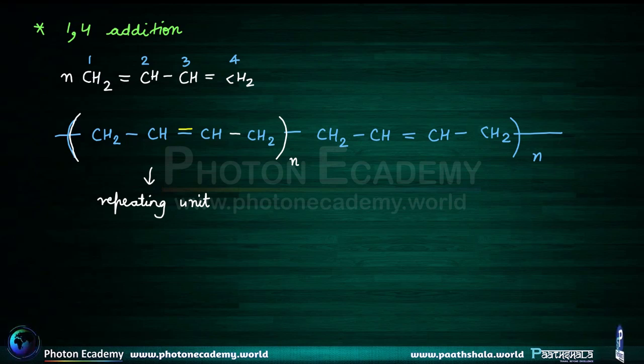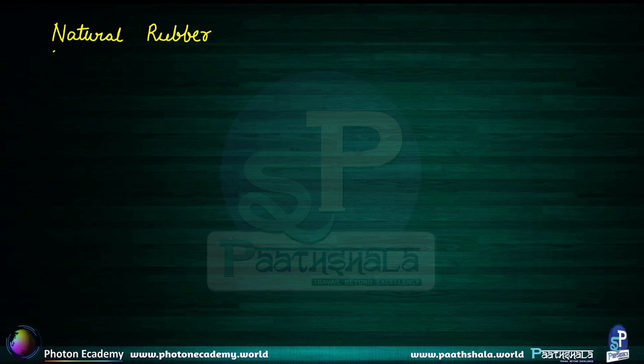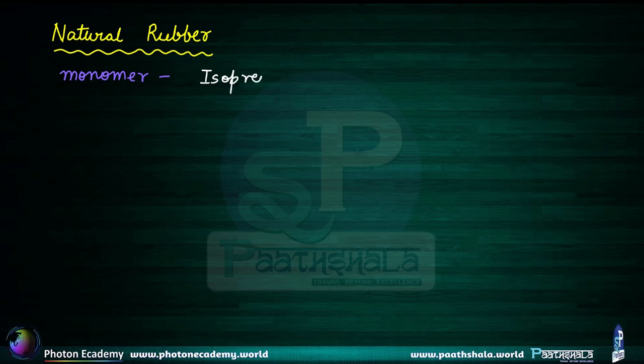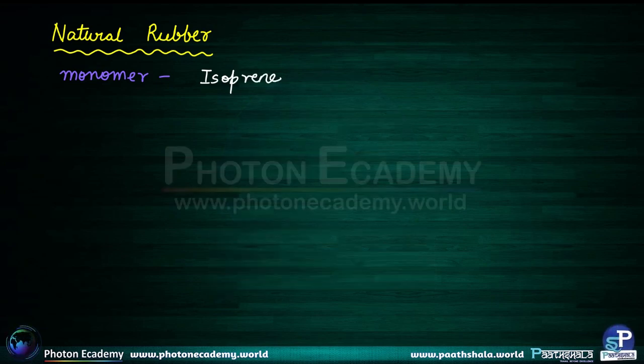The next example that we'll be seeing is natural rubber. The monomer for natural rubber is, we have to remember this in the long run, isoprene. Isoprene is our monomer. Now let us draw it.